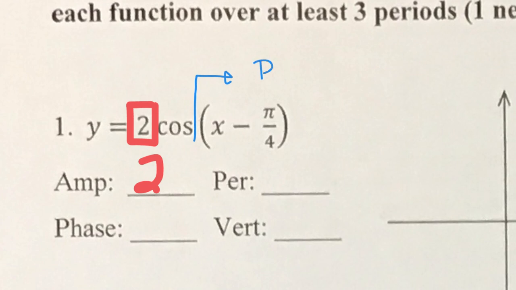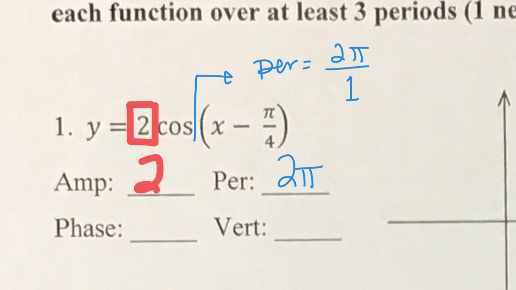The period is always 2 pi divided by the coefficient of x. In this case, since we don't see a number, we're going to call that 1, because there's always one of them if there's not a number other than 1. So 2 pi divided by 1 is 2 pi, right? That's your standard sine and cosine period.